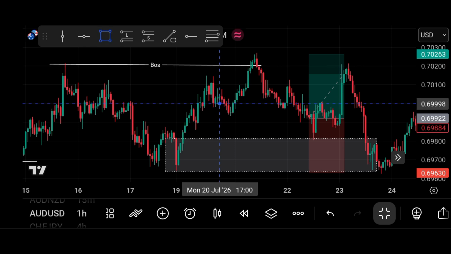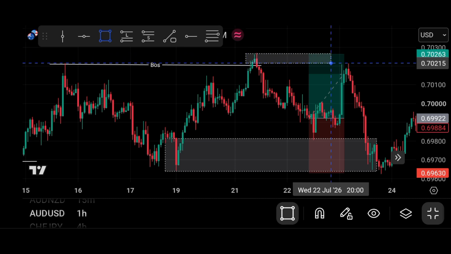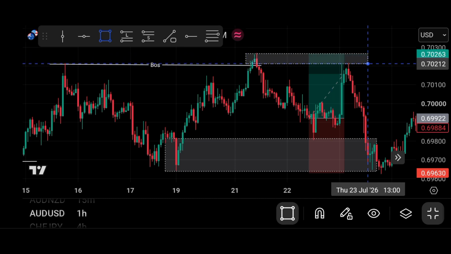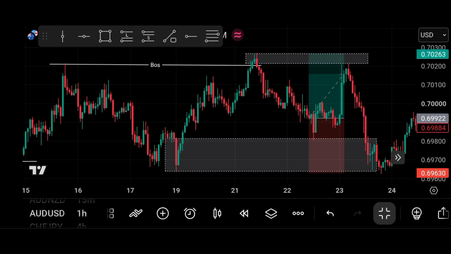Sometimes price may not hit your 100% take profit target. It can be because of other things such as this opposite supply level resting here. Price can react to the supply level and take off in the opposite direction. Nonetheless, I had already exited my position here.